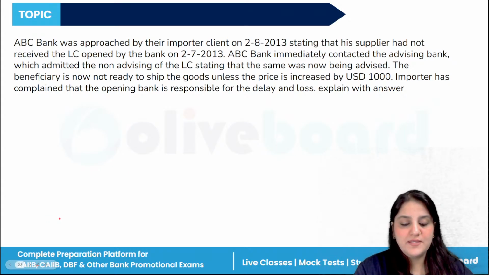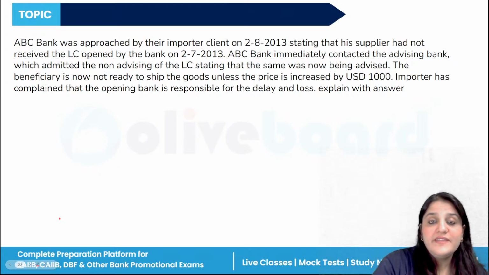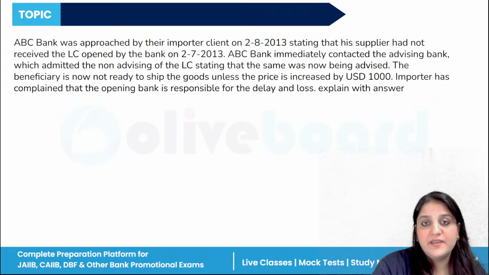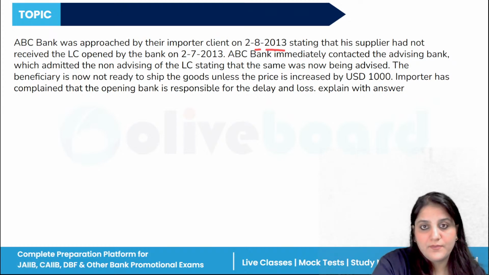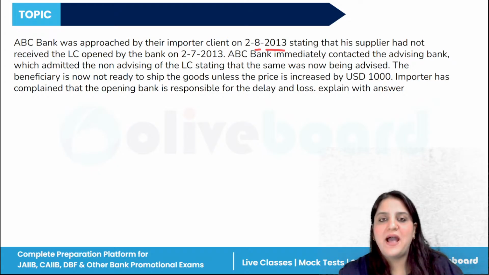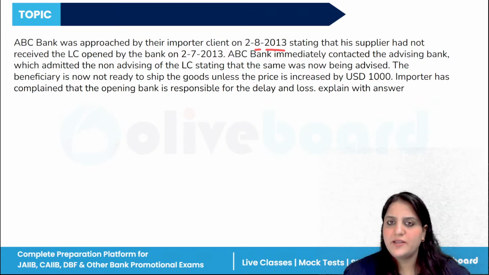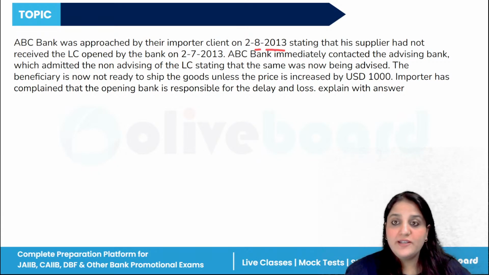There is an ABC Bank that was approached by their importer client on 2nd of month 2013, stating that his supplier had not received the LC which was opened by the bank on 22/7/2013. ABC Bank immediately contacted the advising bank, which admitted the non-advising of the LC, stating that the same was now being advised.